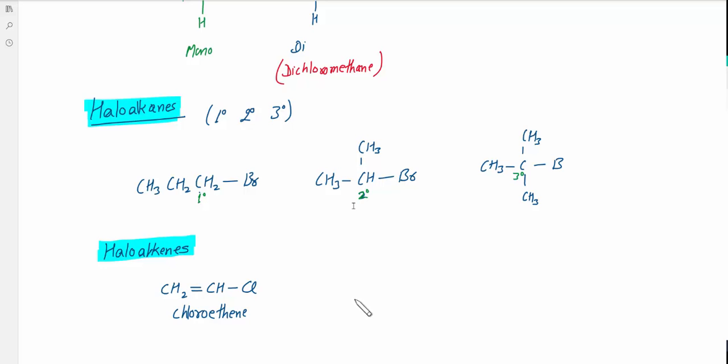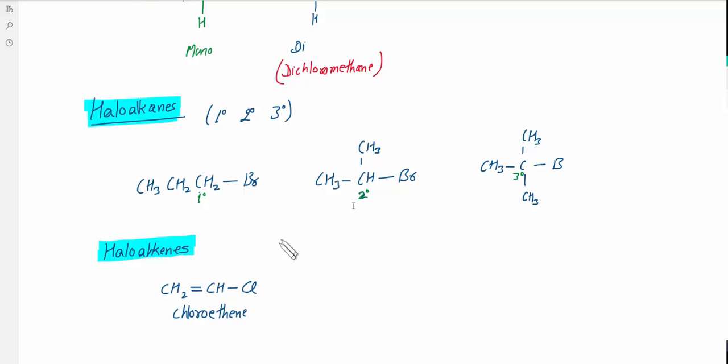As we can see here, the monohalogen derivatives have only one halogen atom or only one halogen substituent. So the general formula for that will be again similar to what we have seen earlier.